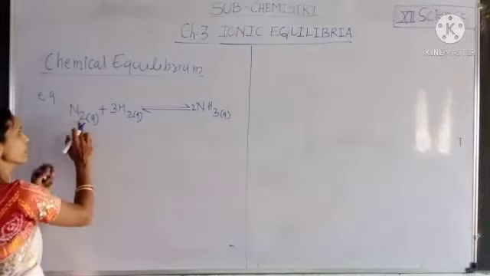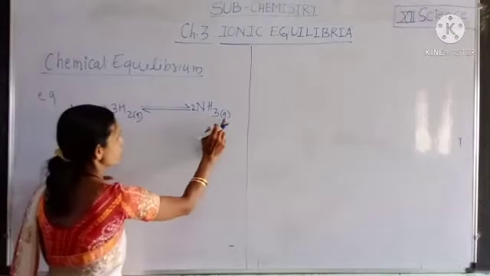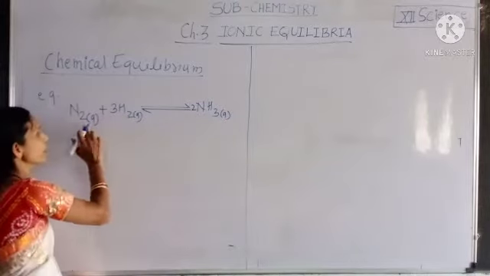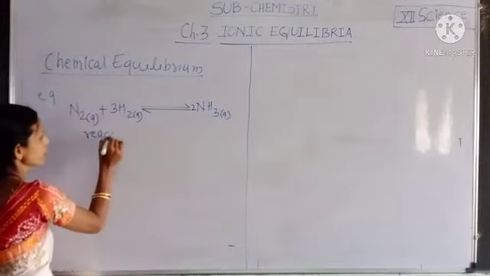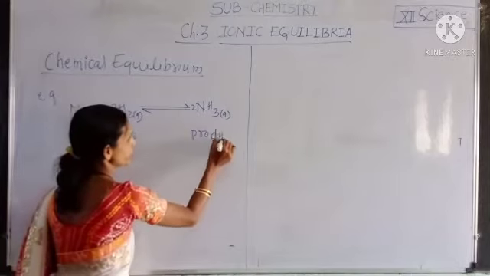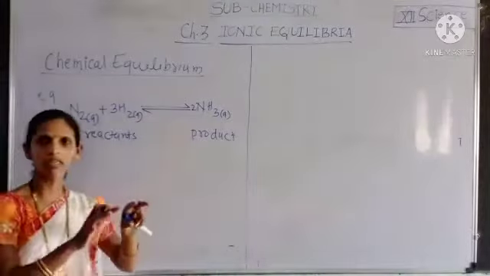That means here the reactants are in gaseous state as well as the product is also in gaseous state. That means reactants and products are present in the same state, in the gaseous state.